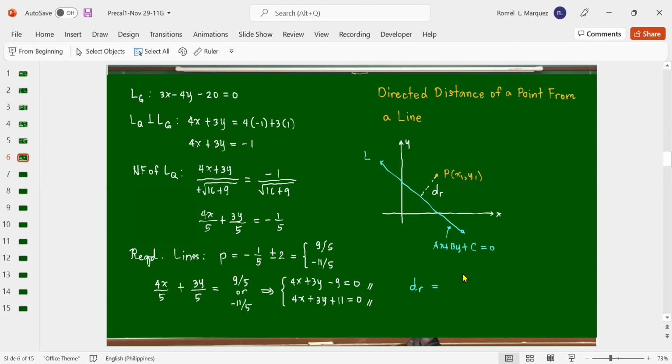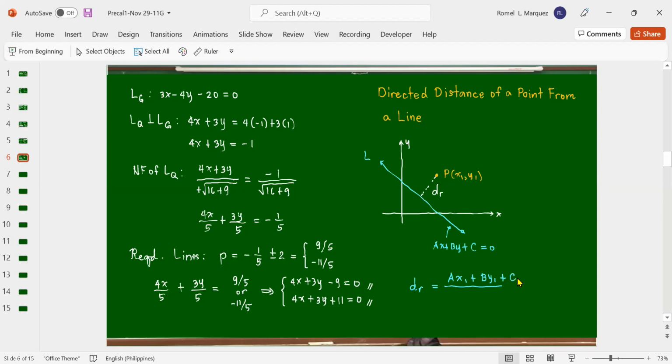If you are interested in the derivation, you just see your lecture notes. Okay, guys? So we have Ax sub 1 plus By sub 1, where x sub 1 and y sub 1 are coordinates of the point not on the line.